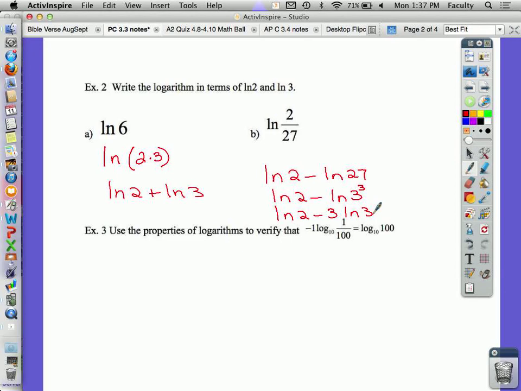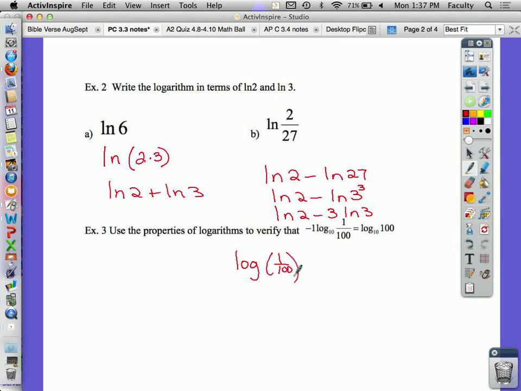All right, example 3 says use the properties of logarithms to verify that -1 times log 1 over 100 base 10 is equal to the log of 100 base 10. Any ideas? Yeah, Seth? First, you move the -1 in front of the log, the power of 1 over 100.